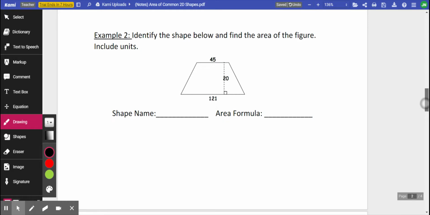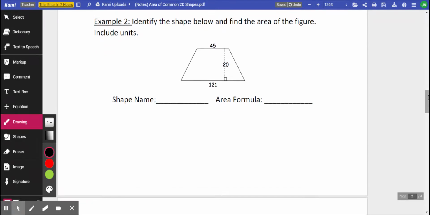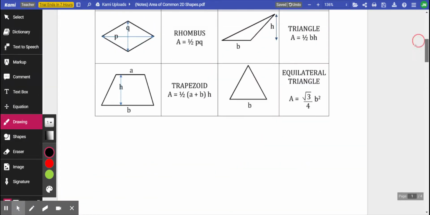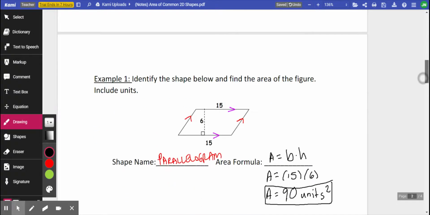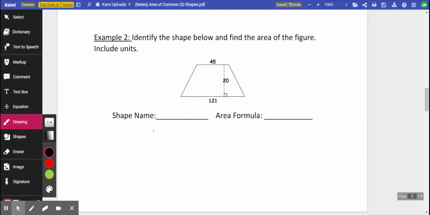Identify the shape below and find the area of the figure. So the shape in this case is called a trapezoid. Hopefully you guys got that right. So a trapezoid is right here. This is the shape. And the area formula is as follows. Area is 1/2 base times height, but the only difference is that there are two bases.